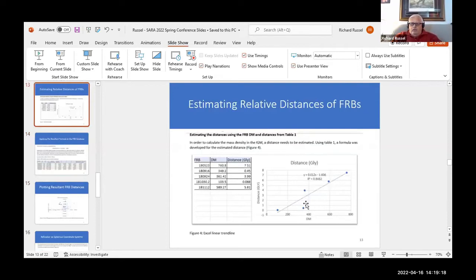I think there are five FRBs where they knew the distance, and we knew the dispersion measure to it. And I came up with a formula that says, based on dispersion measure, here's the distance in light years. When I apply that to the entire FRB catalog, I will then get a distance based on dispersion measure for all the FRBs.